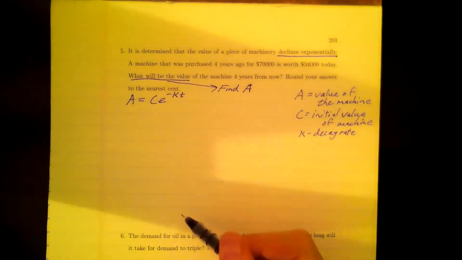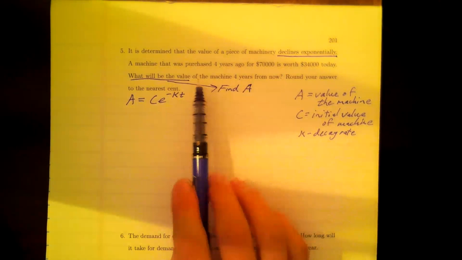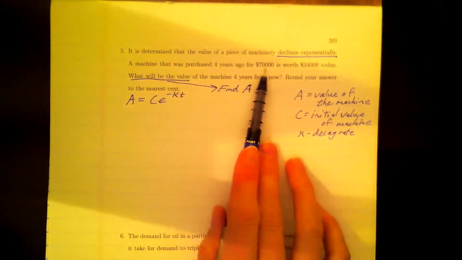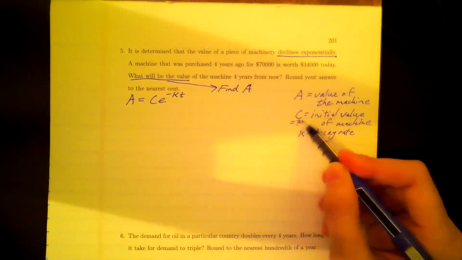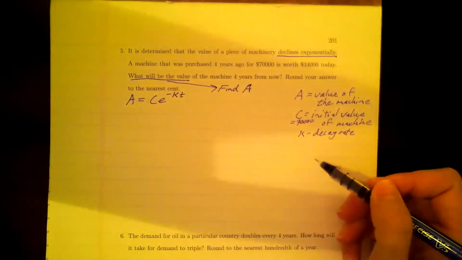Now, in this problem, we will notice that just like last time, they did not tell me what the decay rate was. What they did tell me was a couple of data points. They said that when I purchased it, it was worth 70,000. So that would be your C. C is 70,000. That was its initial worth.